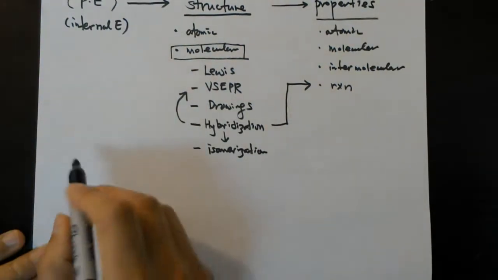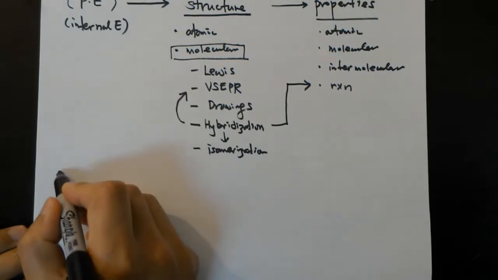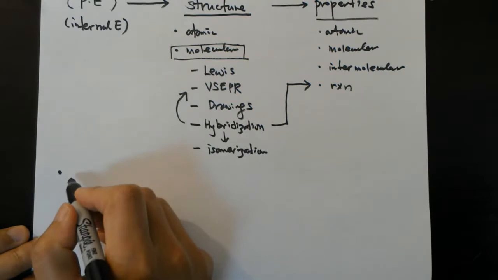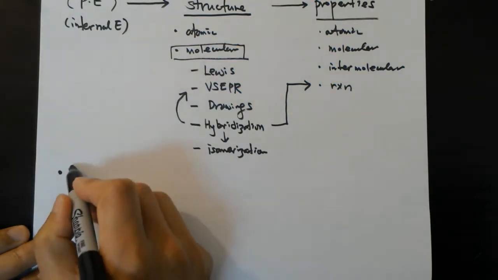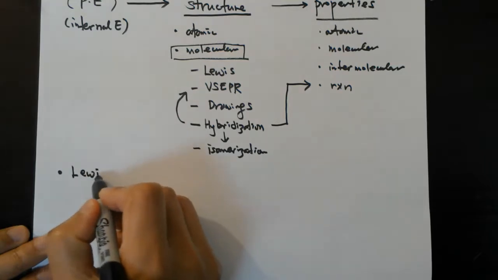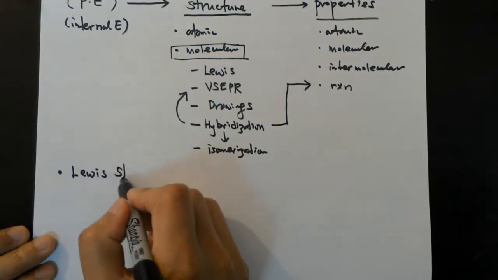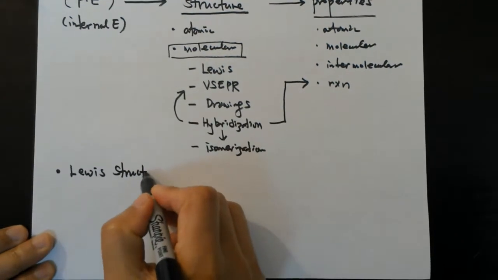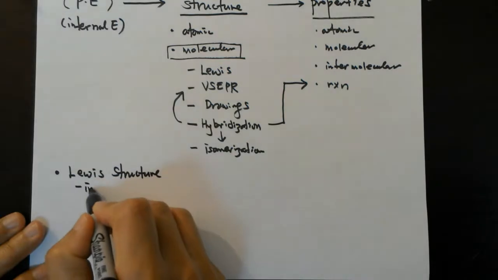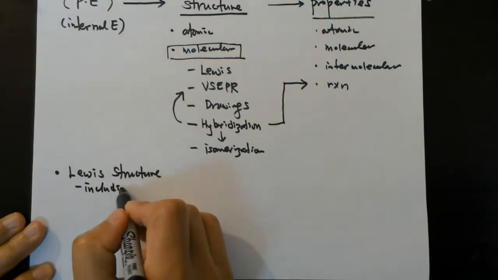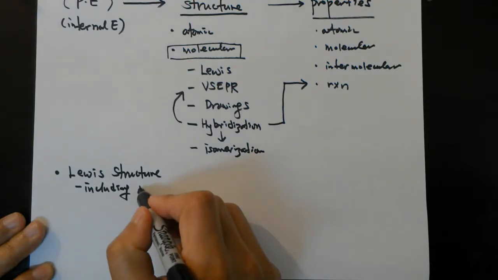Okay, in order to study and figure out the structures using hybridization, you first have to come up with a correct Lewis drawing, a Lewis structure, which must include lone pairs.